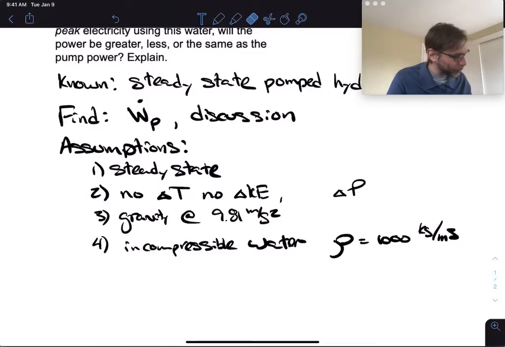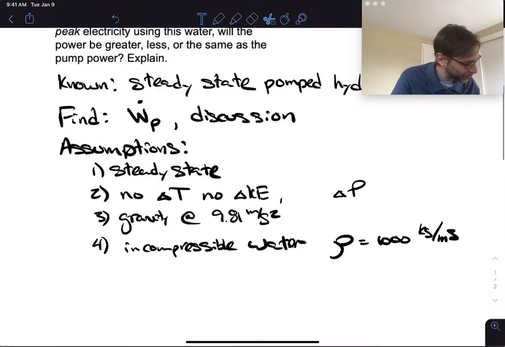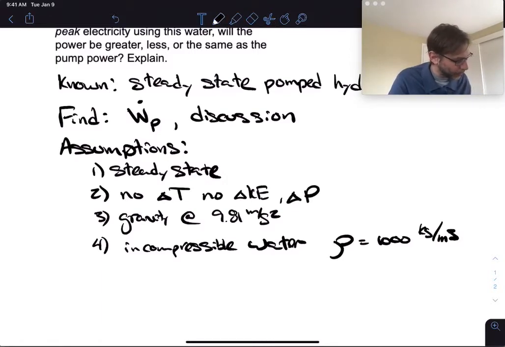There's definitely potential energy because that's what we're trying to reclaim here. Let me just erase it and draw here, so delta pressure. Okay, good. I'm still getting used to this tool here.